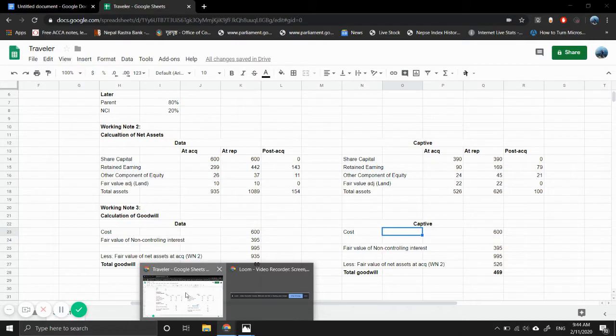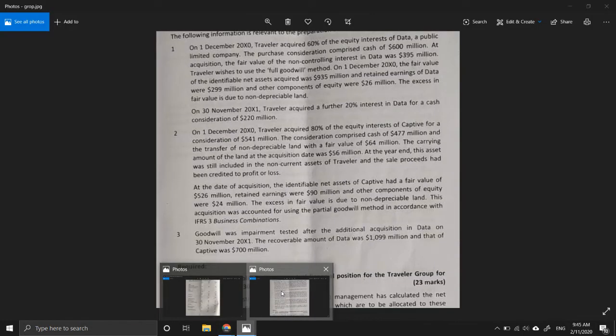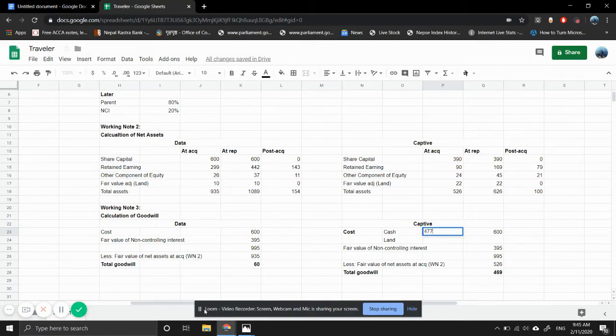So that means cash and land. So how much was it? 477, 64, right? So this will give us a total of this plus this 541, right? So this is how it was calculated, okay?